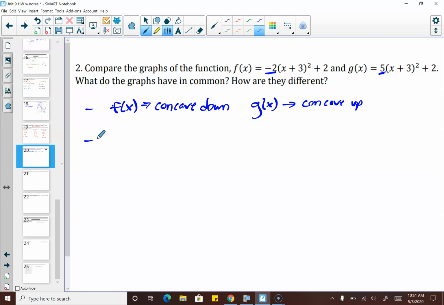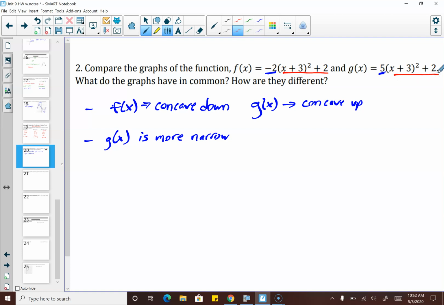All right. Well, what else do we know? Well, if we think back a couple lessons ago, remember, the bigger the number is out in front, the more narrow it is. So g of x is more narrow than f of x, right? Because 5 is greater than 2. So now let's look at the stuff inside.